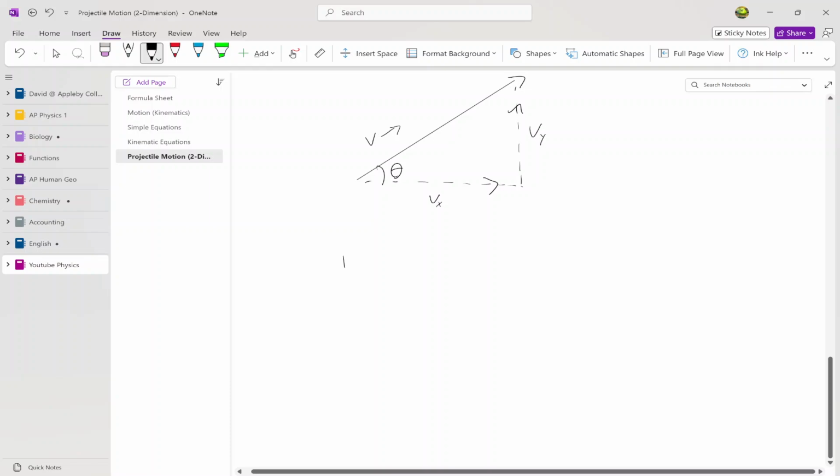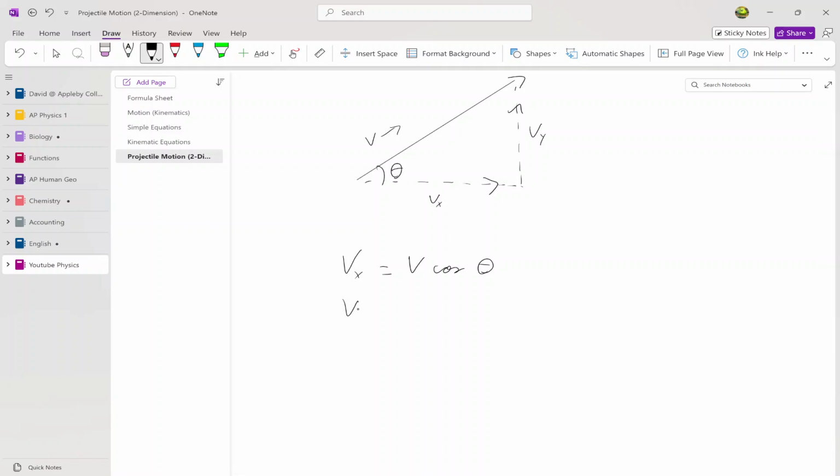Using that, we can figure out that the horizontal component of the velocity would just be the velocity cosine theta, okay? And then for the vertical, it's velocity sine theta.